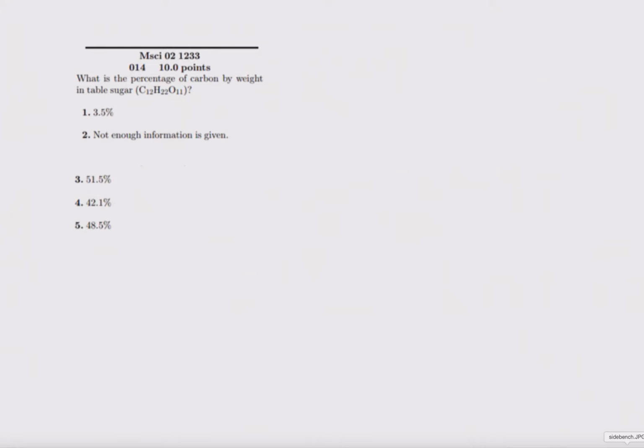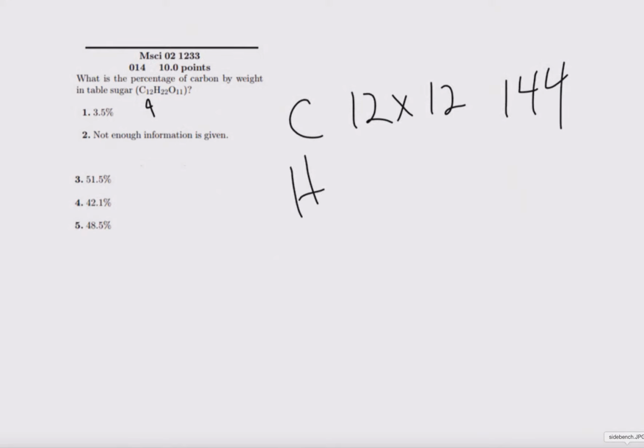What is the percentage of carbon by weight in table sugar? Well, in table sugar, there are 12 carbons, and carbon has a mass of 12, which is 144. Then we have the hydrogen, which is 22 times 1, which is 22.